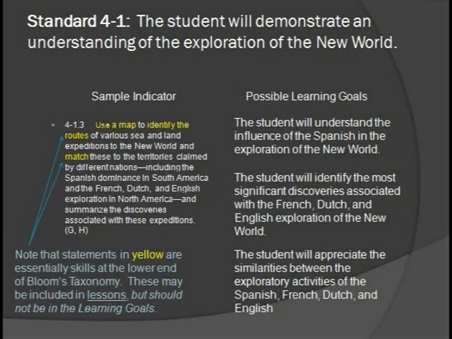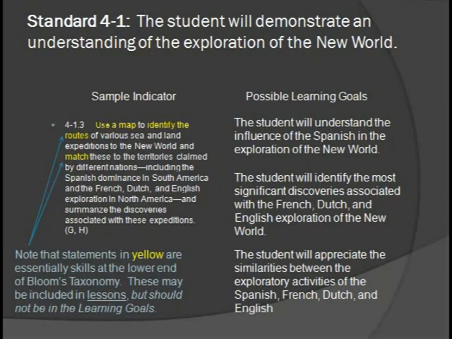Now here's an example. This is from the South Carolina Social Studies Standards, 4th grade. This is Standard 4.1. The student will demonstrate an understanding of the exploration of the new world. The indicator that I'm using here as an example is 4-1.3, and if you read through the entire thing, you can read through it with me or I'll read it to you.